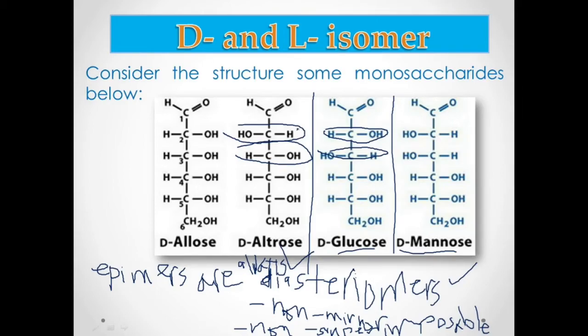Two carbons, right? Epimers differ only at one carbon. So you cannot say that D-altrose and D-glucose are epimers. You can only say that they are diastereomers. That's why diastereomers are not always epimers, but epimers are always diastereomers.